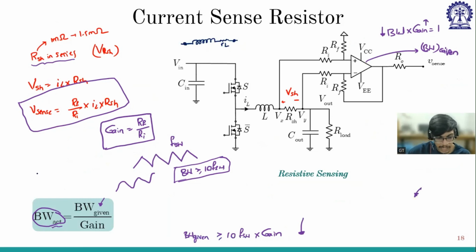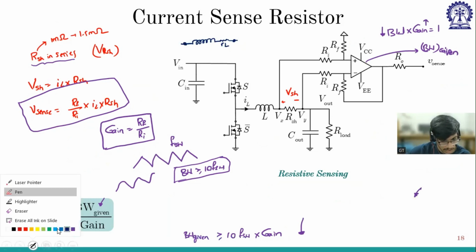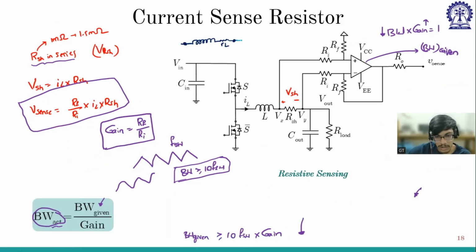Now I am connecting another shunt resistor, RSH, and I am tapping across RSH. So RL is with the inductor. In the previous case, we were tapping the inductor points. Now I'm tapping resistor points.